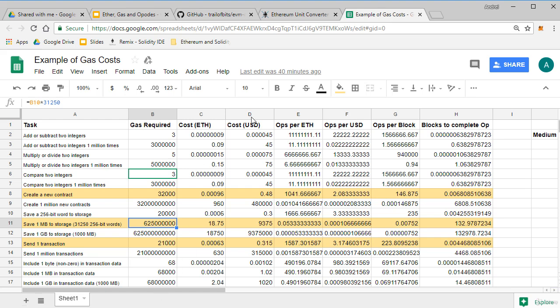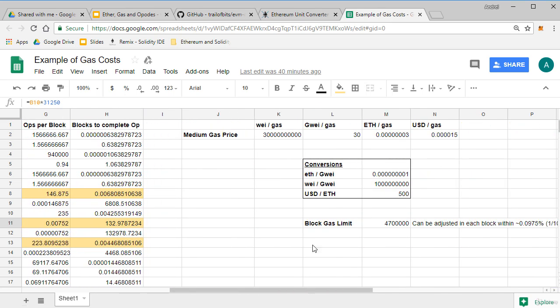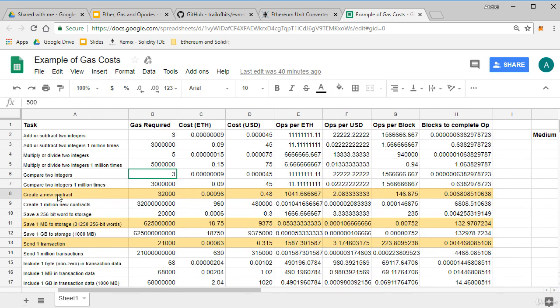And in this document, I have the market price of the Ether cryptocurrency. So let's say that 1 Ether is $500 US. What does it mean? It means that if we want to create a new contract, we must pay 48 cents.